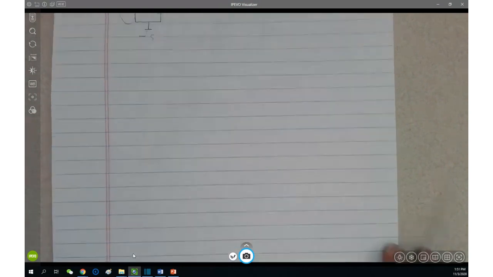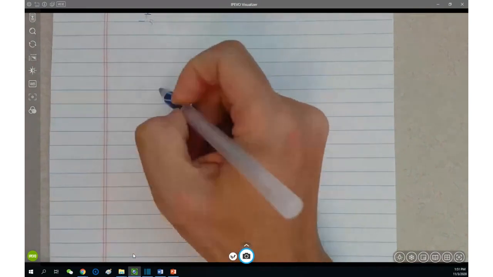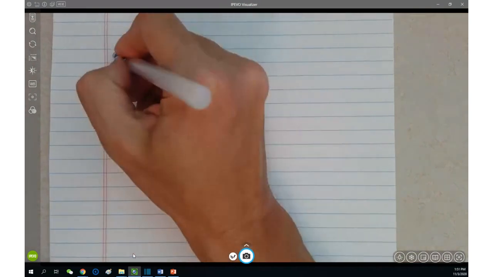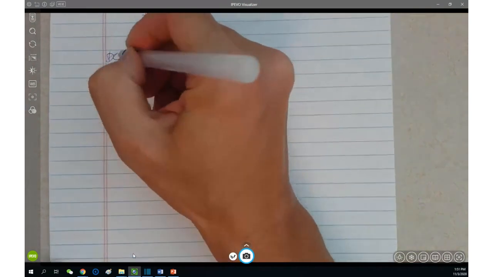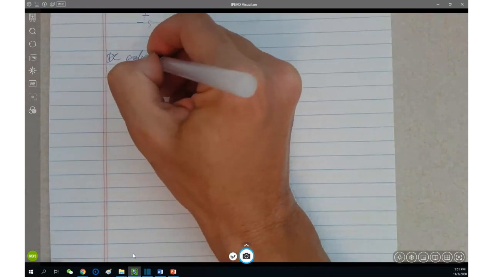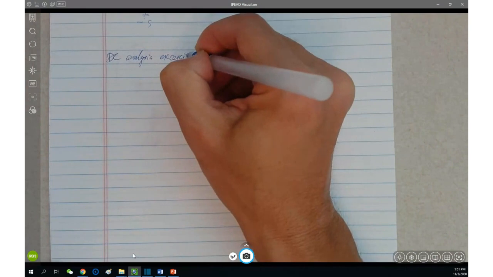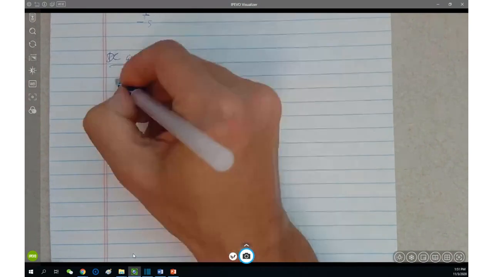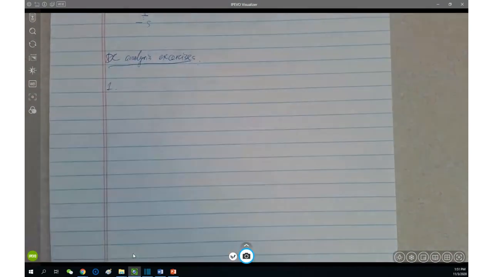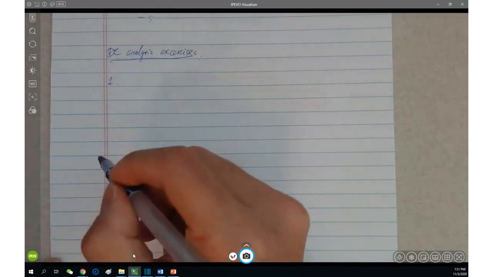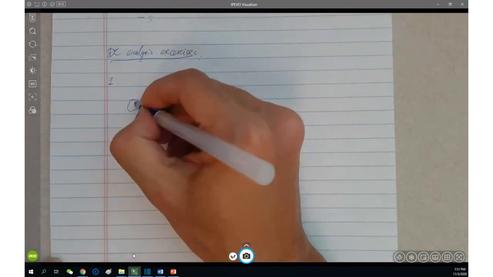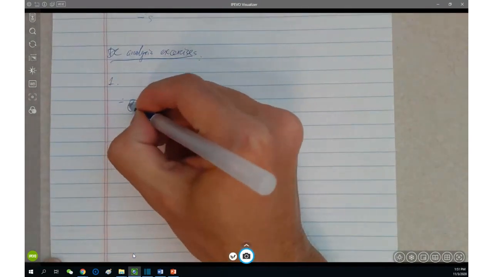Let me show you one, and then accordingly, we try to figure out how to conduct the DC analysis. DC analysis exercise. I'll give you 2 new topologies, get used to it.